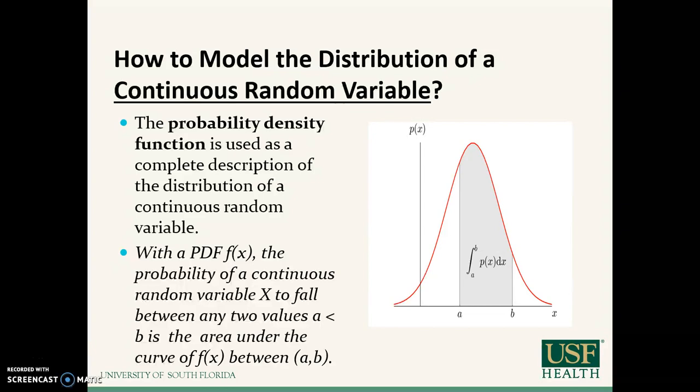Given any two values a and b, you have the area under the curve in between a and b. Mathematically, it is the integral of f of x from a to b. That equals the probability for the random variable to take any value within a and b.